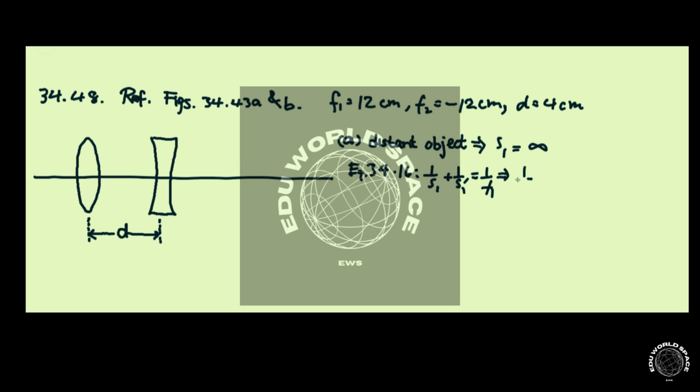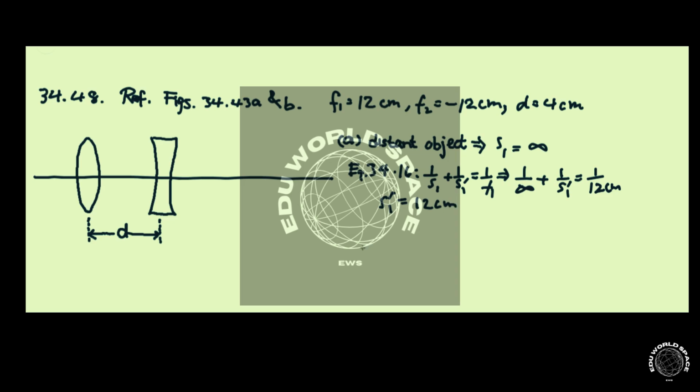So we have 1 over infinity for S1 because our object is very far away, and then 1 over S1 primed is equal to 1 over 12 centimeters, or S1 primed is equal to 12 centimeters.